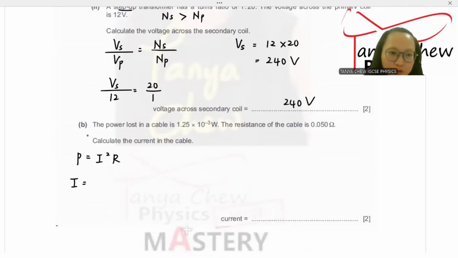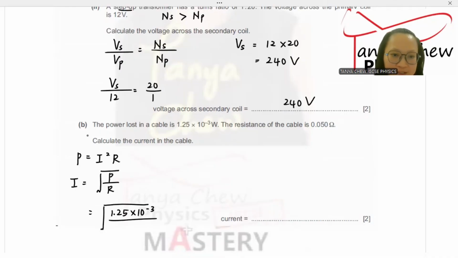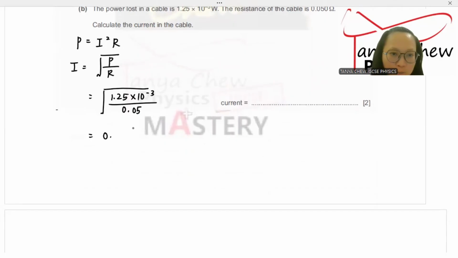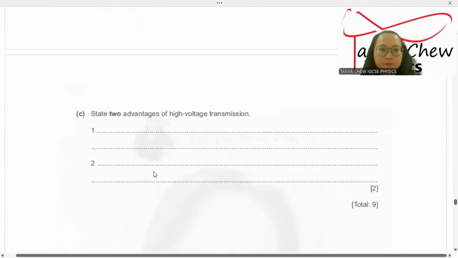Current is equal to P over R, but you have to square root the whole thing. Power is 1.25 times 10 to the power of negative 3, and the resistance is 0.05. Now, use your calculator. You should be able to get 0.16 ampere. 0.16 ampere is the answer.